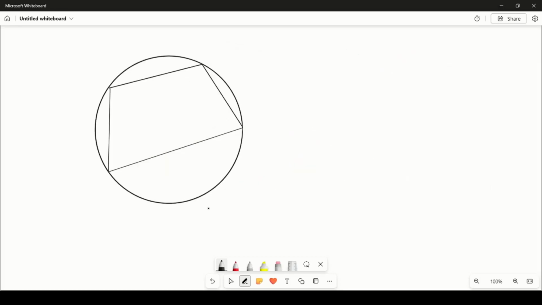So this section of the video is for those people who are curious about why the opposite angles of a cyclic quadrilateral have to add up to pi, and the answer to that is what I'm going to try to give. A cyclic quadrilateral is basically a quadrilateral that can be inscribed onto a circle.